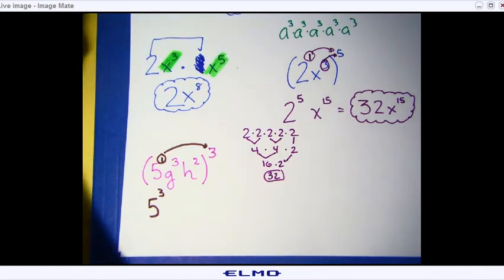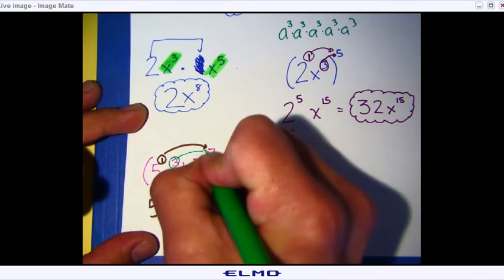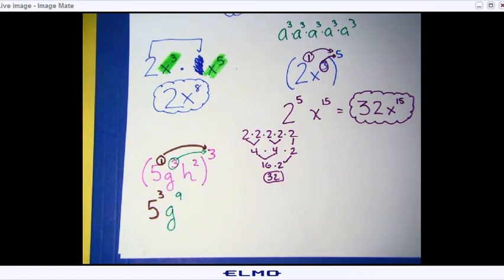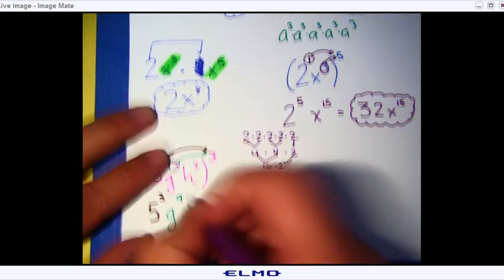And because there's a power to a power, I'm going to multiply. 3 times 3 is g to the power of 9. Now h to the power of 2 times 3. 2 times 3, 2, 4, 6. Oh my goodness. h to the power of 6.